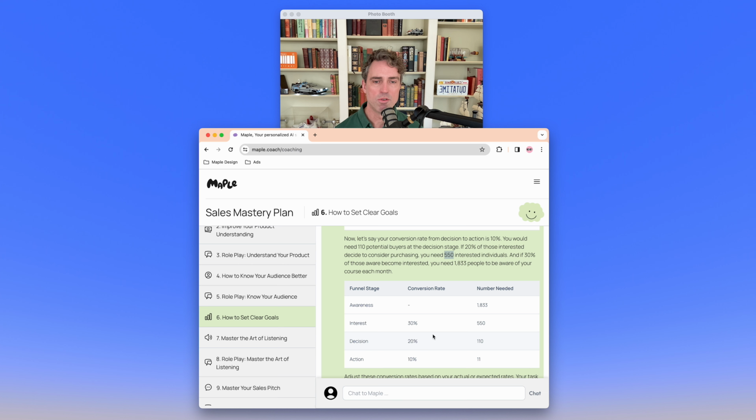So then we move up the funnel again. So we start with 11. 10% of those gets us to, we need 110 people at the decision phase. Then if this conversion rate is 20%, you need 550 at the interest phase, people who are interested in your product. Only 2 out of 10 or 20 out of 100 are going to convert to that action phase.